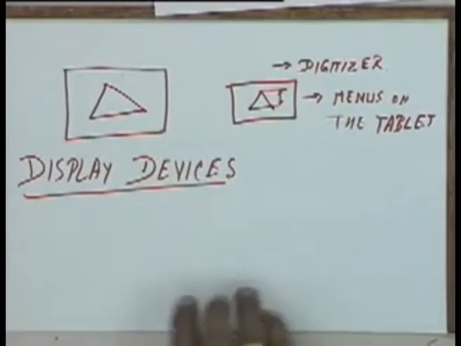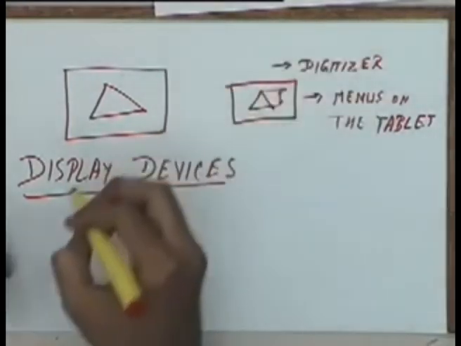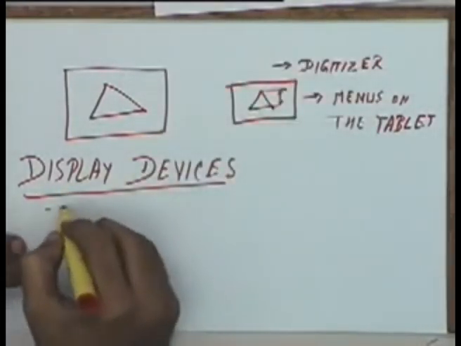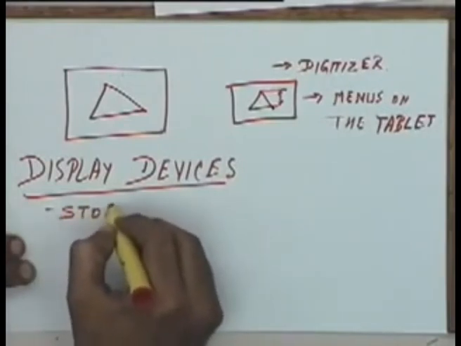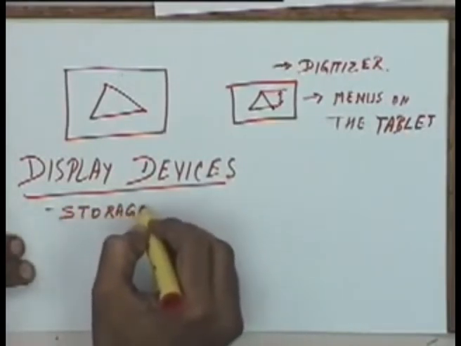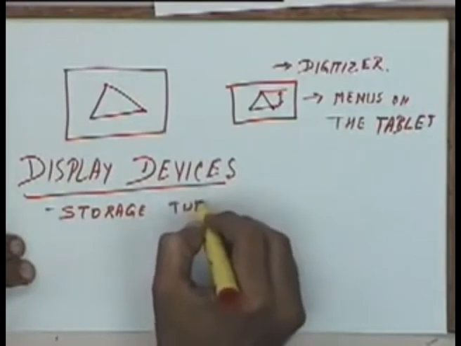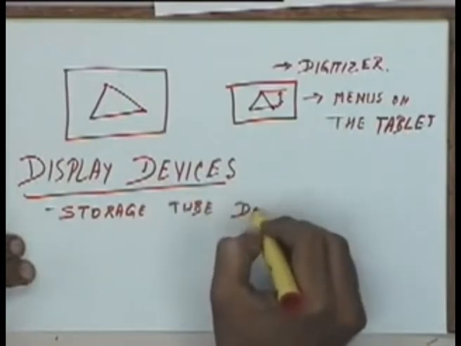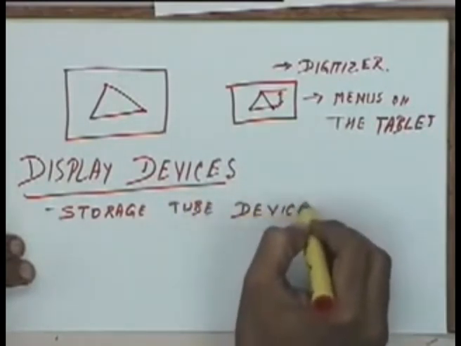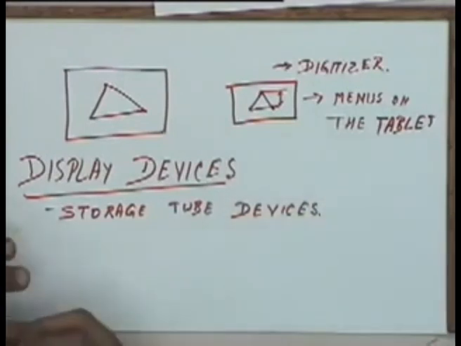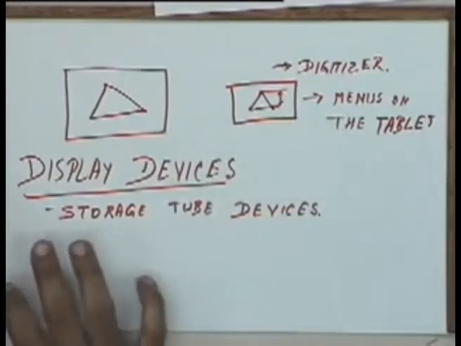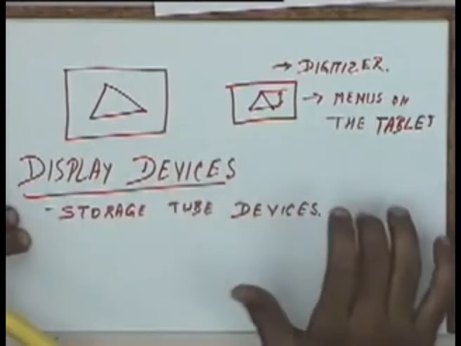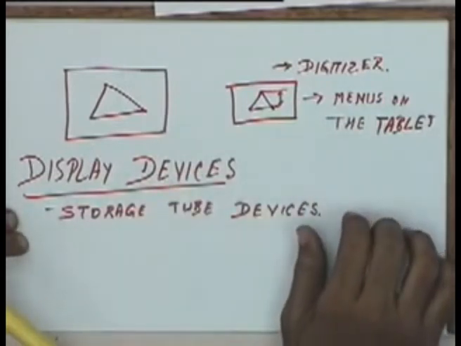So, if we look at the display devices, the first type of display device that we will consider is what is referred to as a storage tube device or storage tube devices. Most of these devices are variations of what is called a CRT, a cathode ray tube.